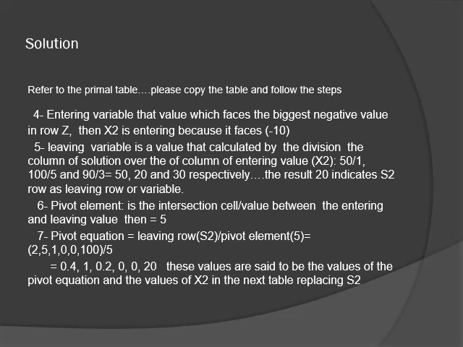Step number 7 is to find the pivot equation. The pivot equation is the exiting row or leaving row over the pivot element.